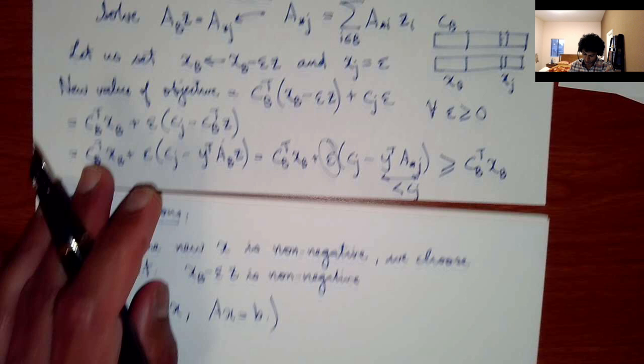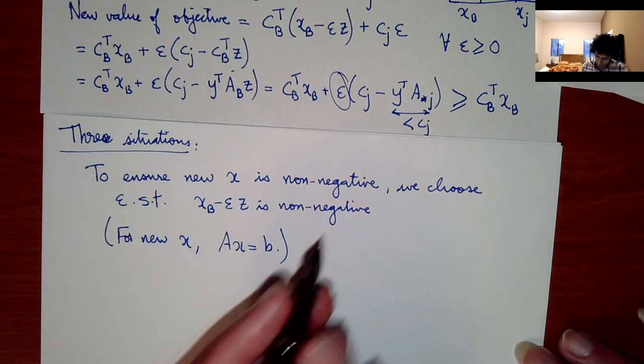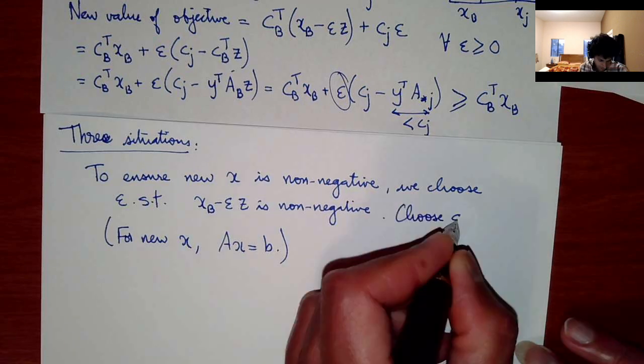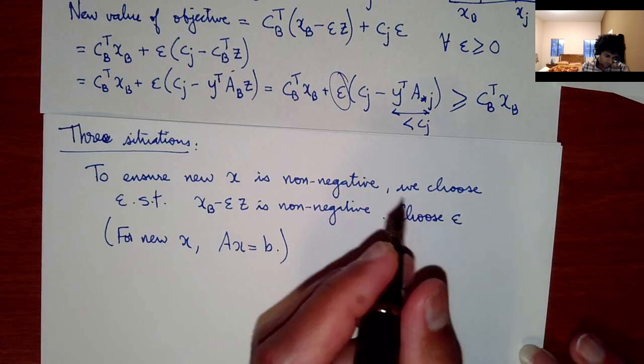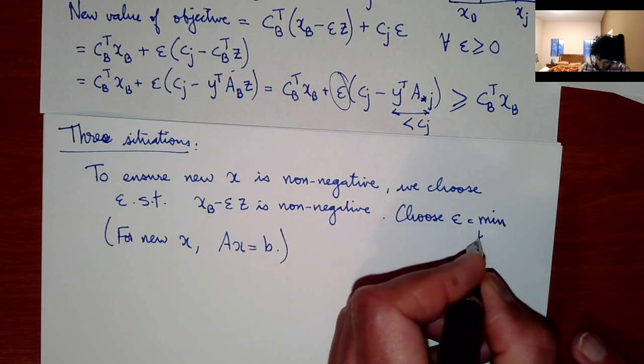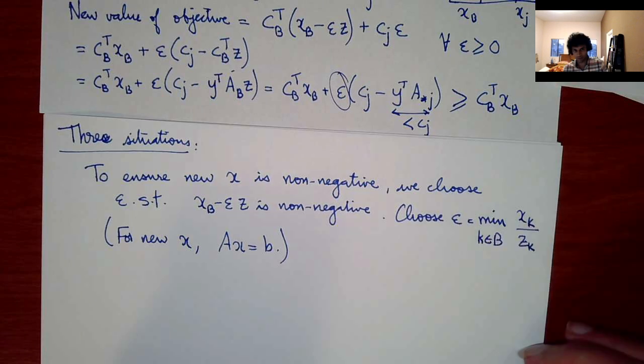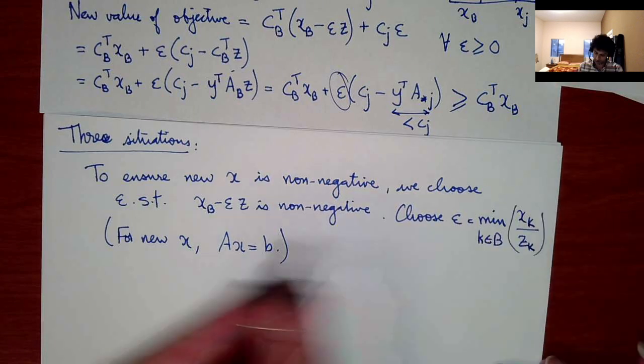So you just ensure that xb minus epsilon z is non-negative, which means you choose epsilon equal to the min over the basis of xk divided by zk. Right? You just choose this, and if you ensure this, then all of these will be non-negative.